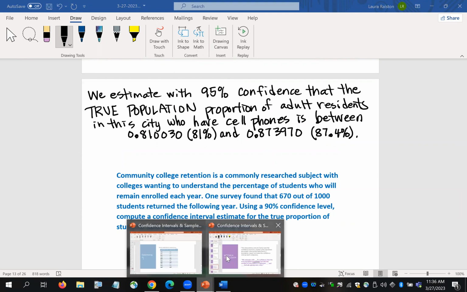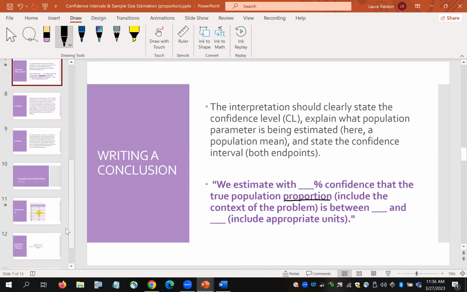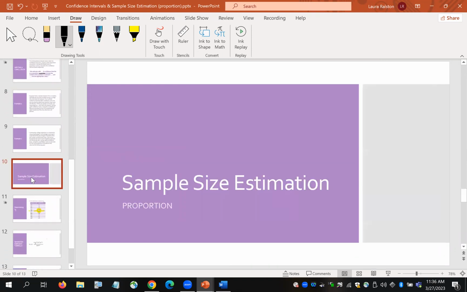If we have time, I'll come back and do that second example for you. We can also estimate the sample size, because this is technically a Z interval. So I can do the Z interval for the mean or the Z interval for the proportion, and I can provide a sample size estimate.